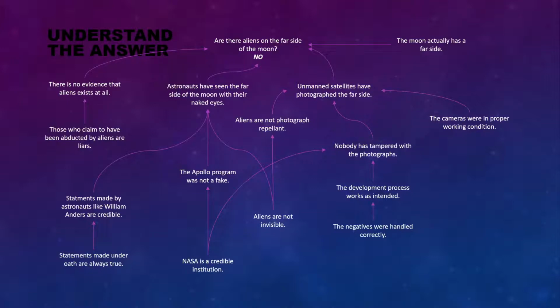And you also believe that nobody has tampered with the photographs, and that the development process actually worked as it should when these photographs were developed, and that the negatives were handled correctly. And then there were the cameras within the satellites, and you believe that these were in proper working condition, and you need to trust that the lenses didn't aberrate away anything.